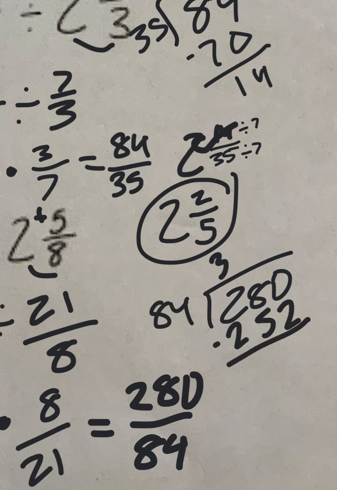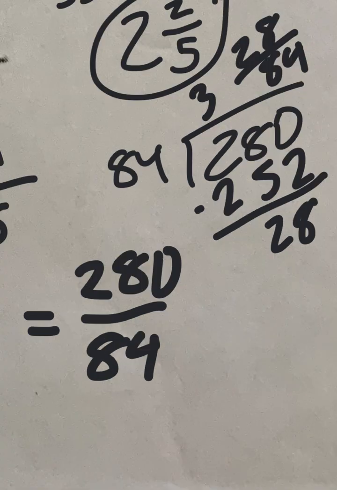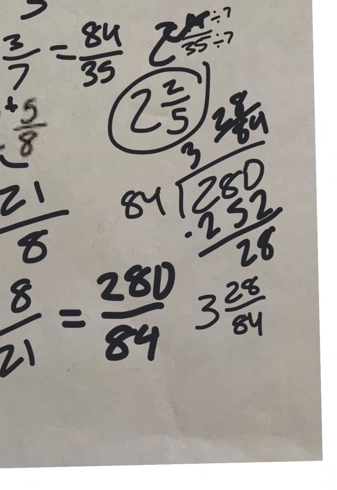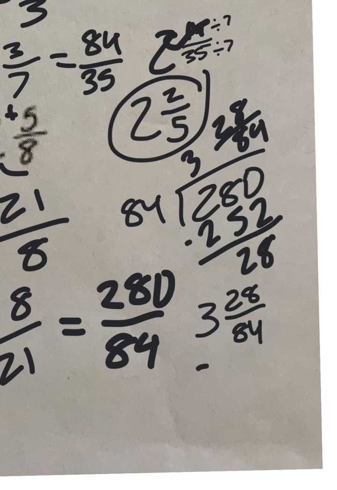So 280 minus 252 is 28. So 3 and 28/84. So then 3 and 28 over 84 would be the answer, and then it can be simplified into 3 and 1/3 as well.